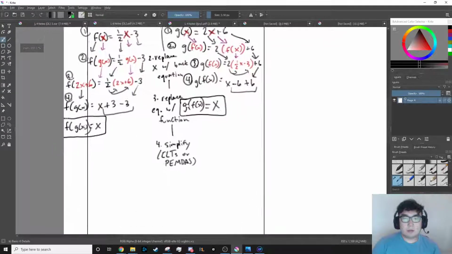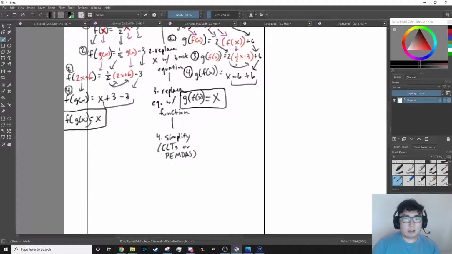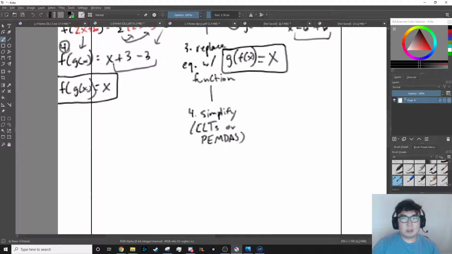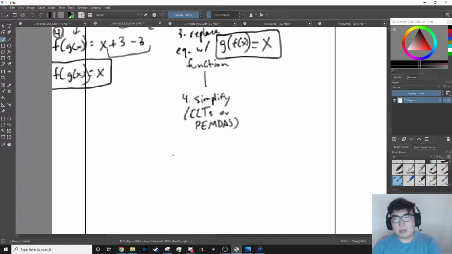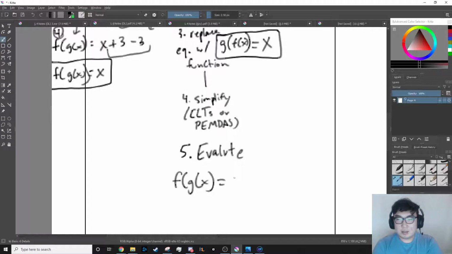So why is that important? Because I haven't done my step 5 yet. Step 5: evaluate. f of g of x is equal to g of f of x, which both of them have to equal x.